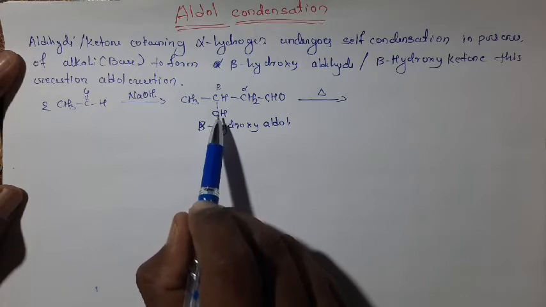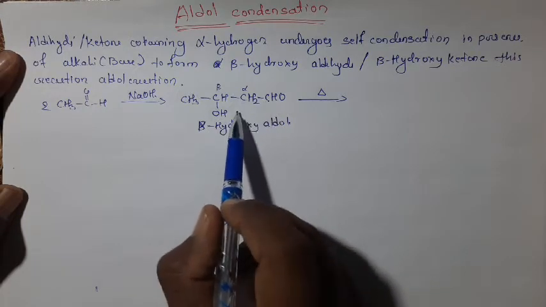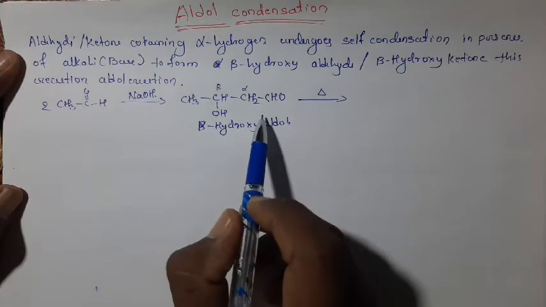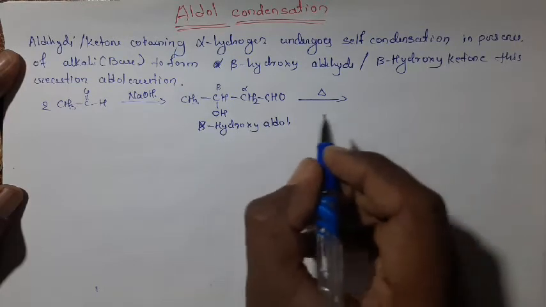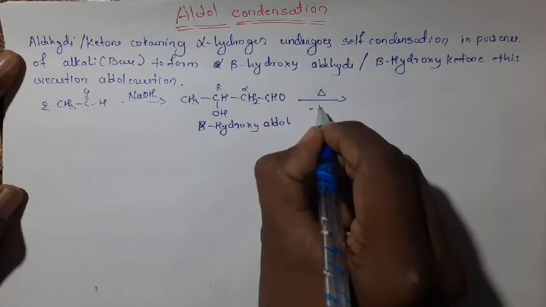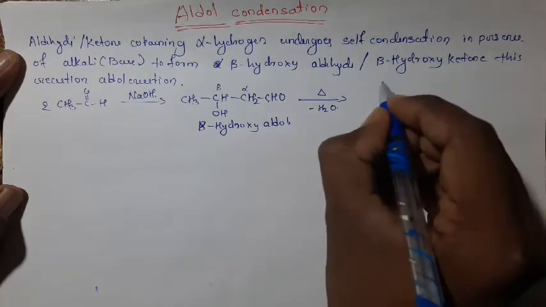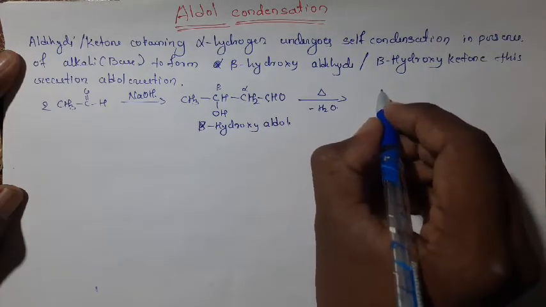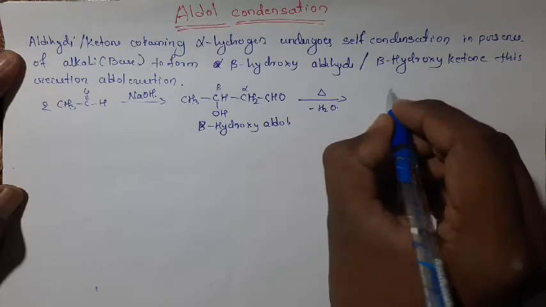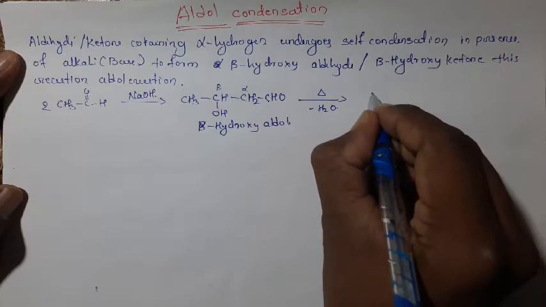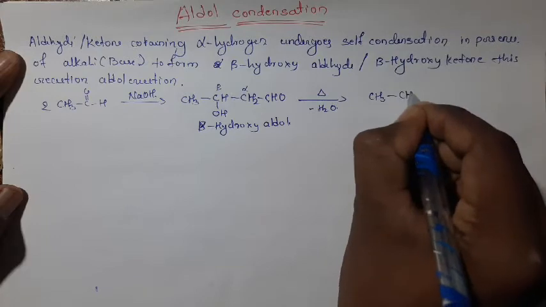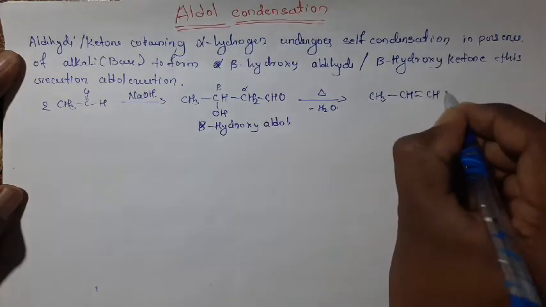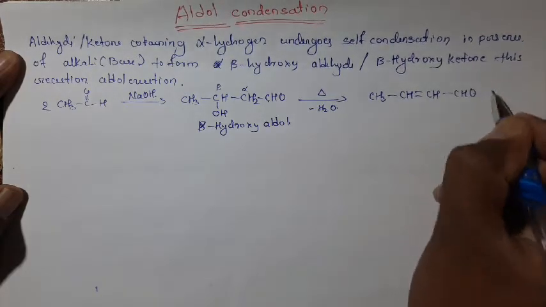Okay, and when this beta hydroxy aldehyde is heated to a higher temperature, a water molecule is eliminated and it gives an alpha beta unsaturated aldehyde like this: CH3 CH double bond CH CHO.